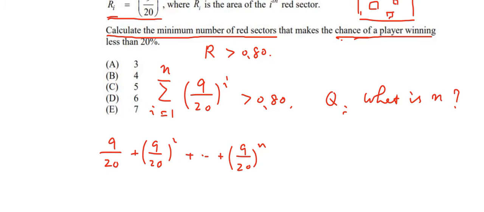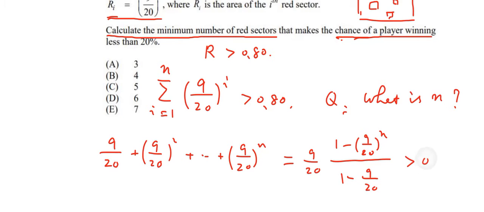So we can have a formula: this equals 9/20 times (1 minus 9/20 to the n) over (1 minus 9/20). We let this be larger than 80%.